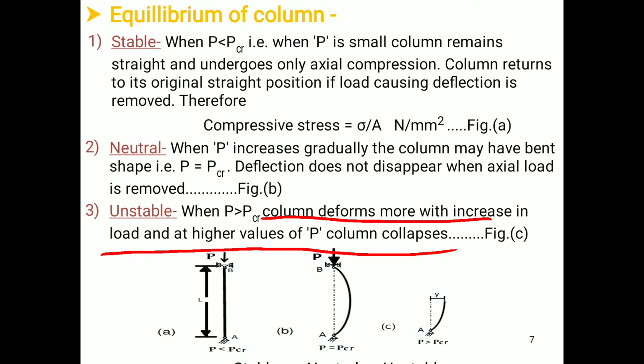So it means that when we go on increasing the load gradually, that axial load becomes greater than the critical load, the column will be in a deformed shape, and as we go on increasing the load P the column collapses. That can be shown in figure number C. This is all about the equilibrium of column.